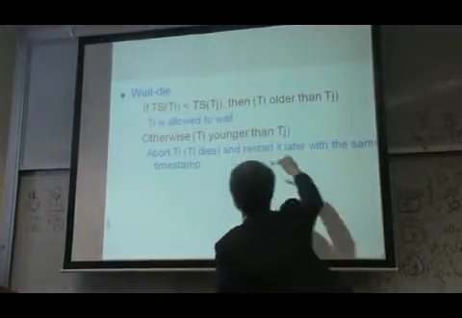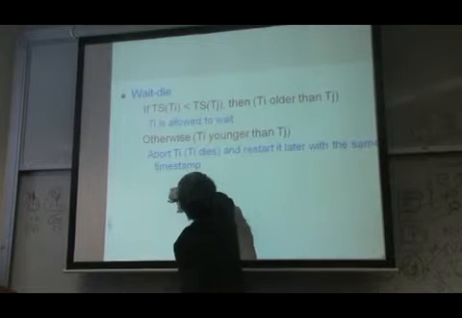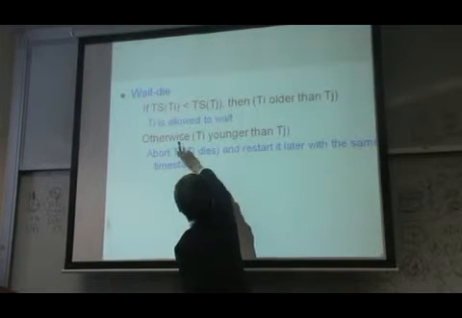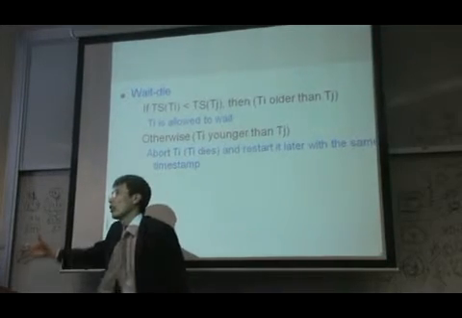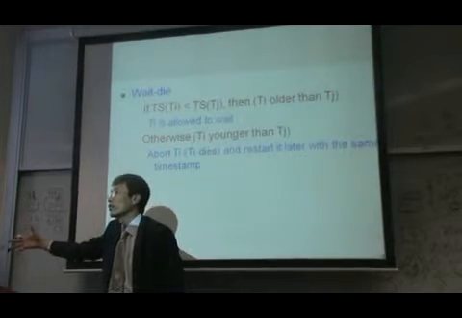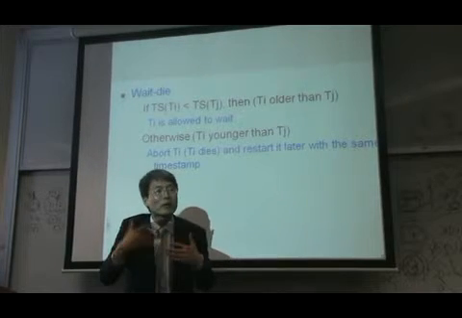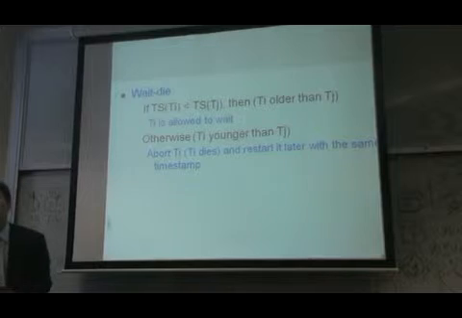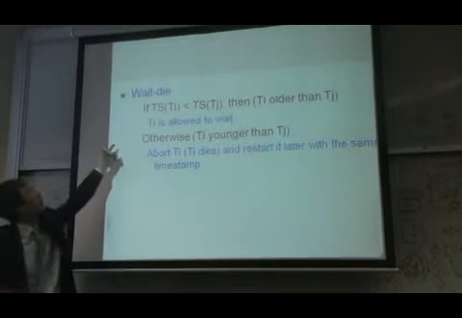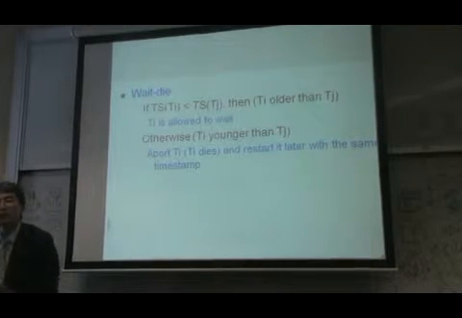However, if TJ requests first, then TI requests. However, TI started later. Okay, then it's forever. It can be waiting forever. Not always, but it may have the chance of the deadlock. So that is the wait-die.